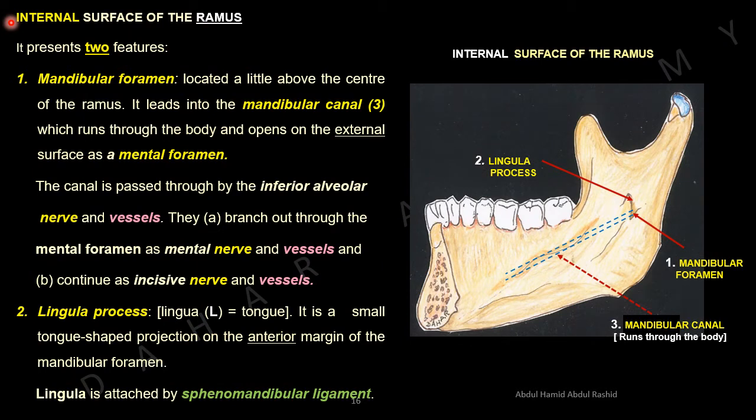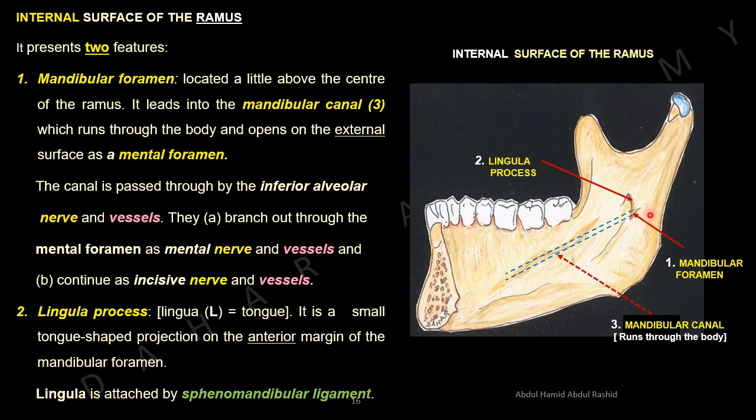Internal surface of the ramus of the mandible. We have already presented the internal surface of the body of the mandible. Now we are going to present the internal surface of the ramus of the mandible. The internal surface of the ramus presents two features. Number one, the mandibular foramen.